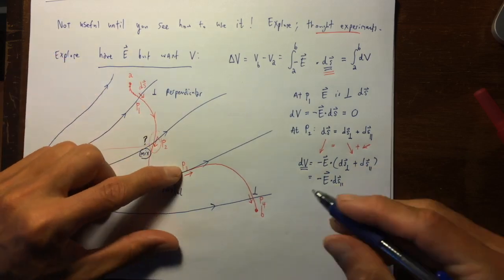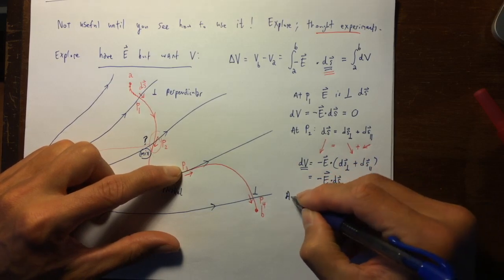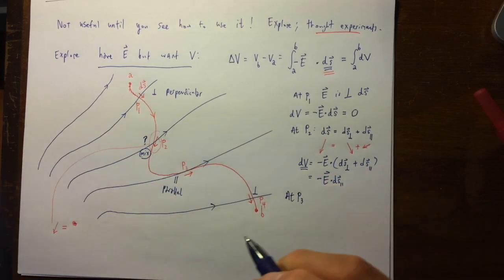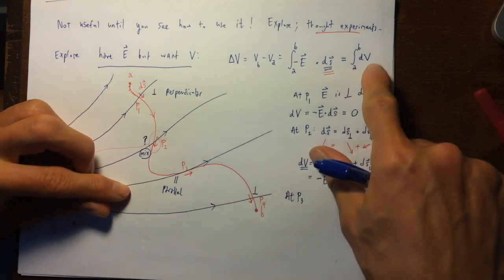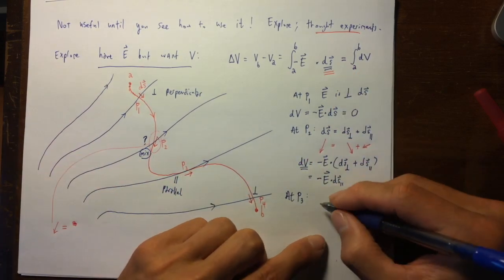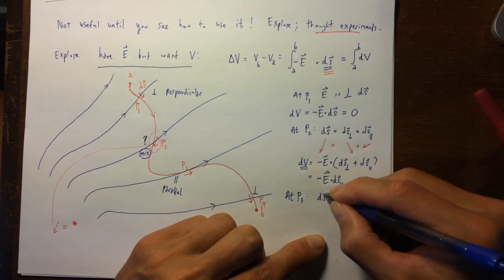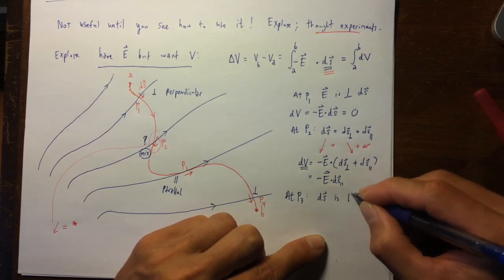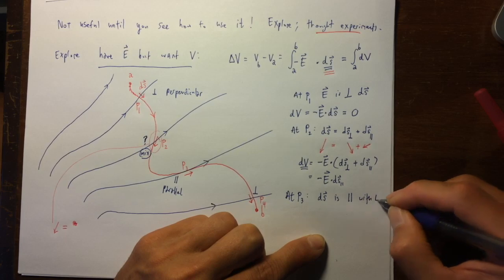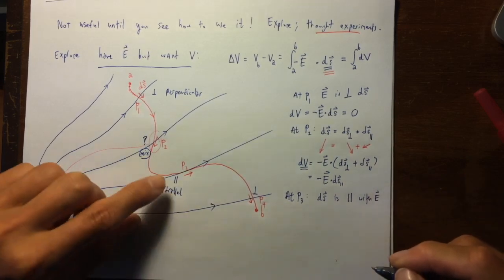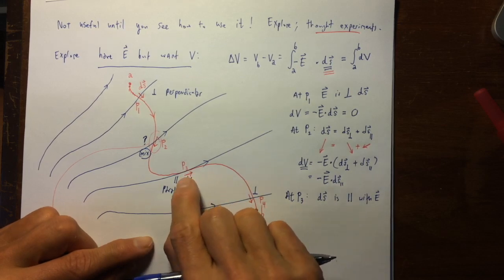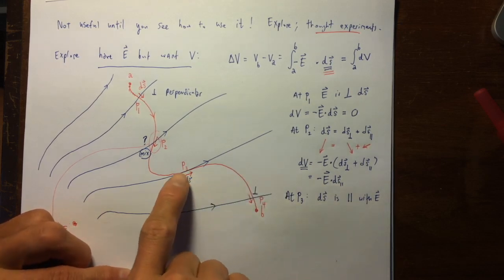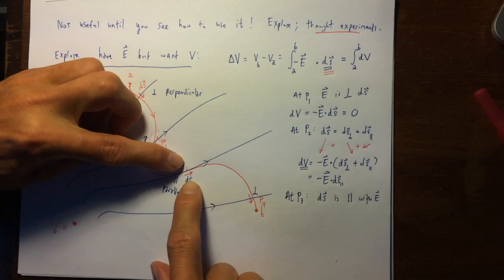So at P3, this is the situation where I move along the field line. It looks like ds is fully parallel with the electric field line, right? So here is the ds vector. It's this little arrow pointing towards the right, and the electric field also points towards the right. So they are parallel.